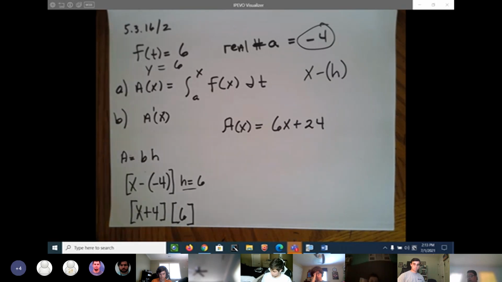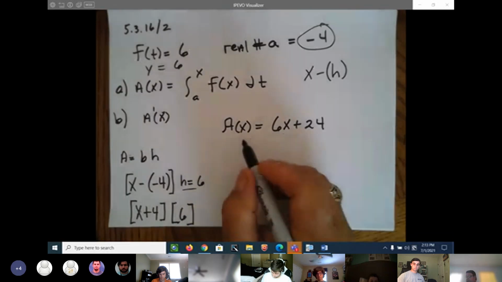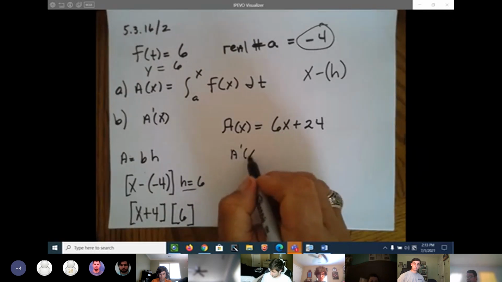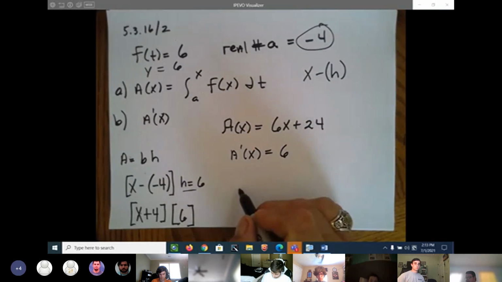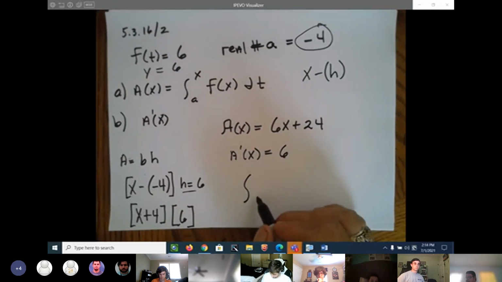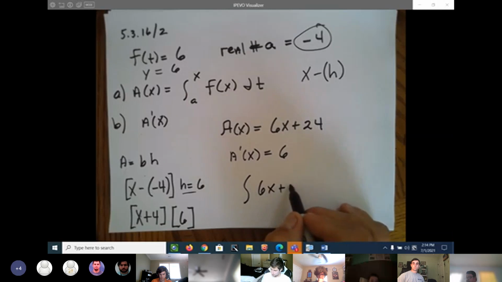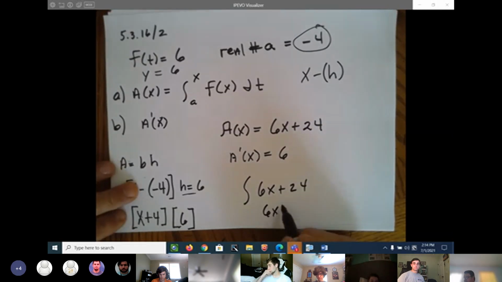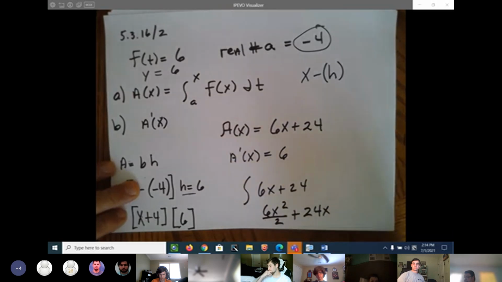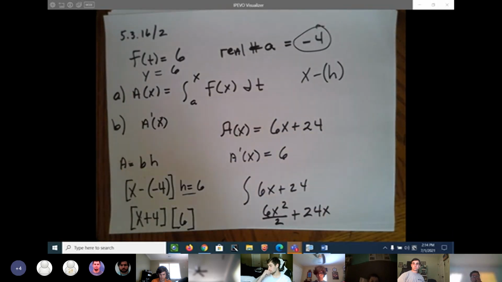Okay, I'm going to tell you what, I don't really care about all the stuff this question's asking for, but A prime of x is equal to 6, and the antiderivative of 6x plus 24 is 6x squared over 2 plus 24x. And you can simplify that.